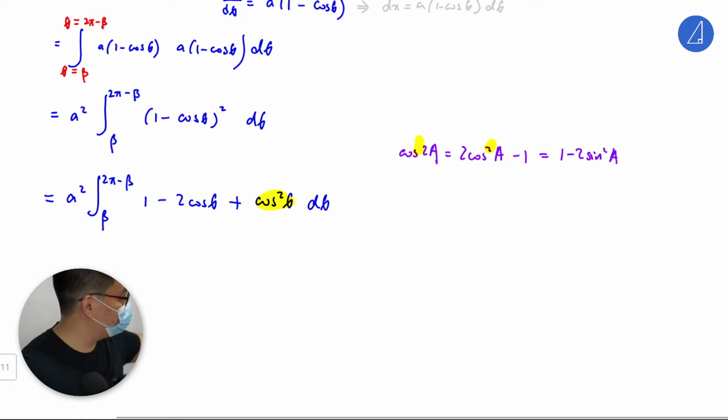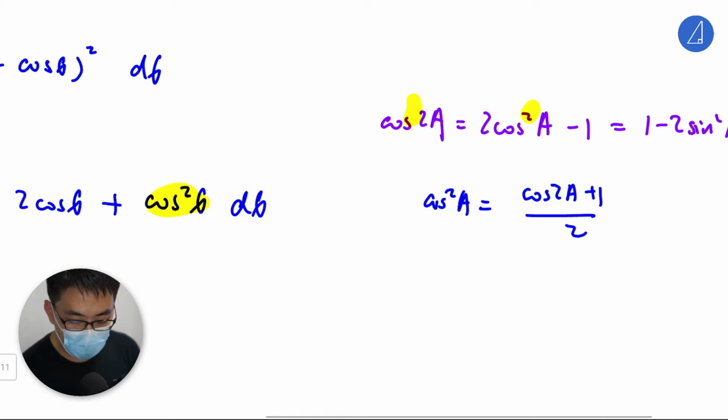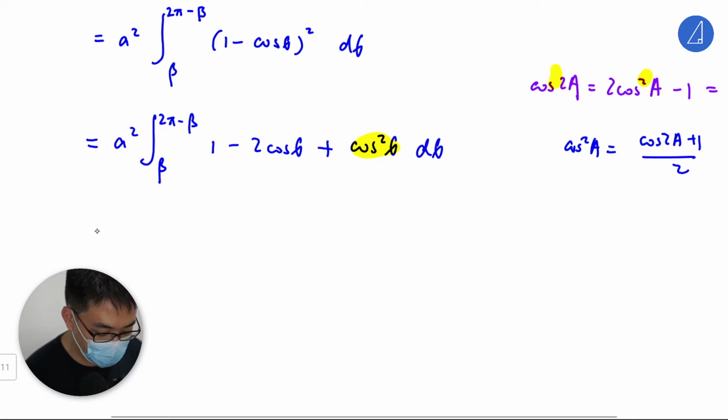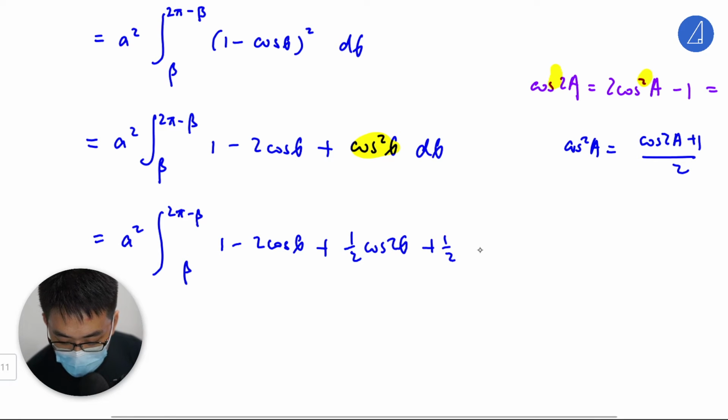So this one here, cosine squared a is cosine 2a plus 1 over 2. Good job. My whole goal is to change to any of the 8, or use the cancelling method, but in this case I can just use any of the 8. So we get cosine theta plus half cosine 2 theta plus half d theta.